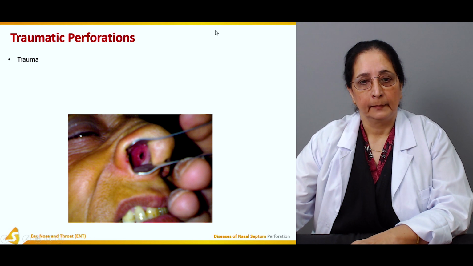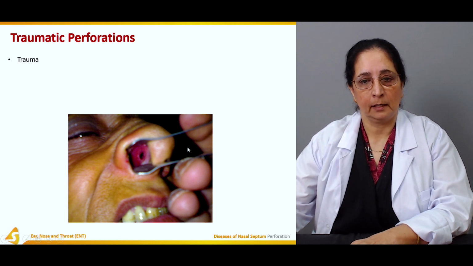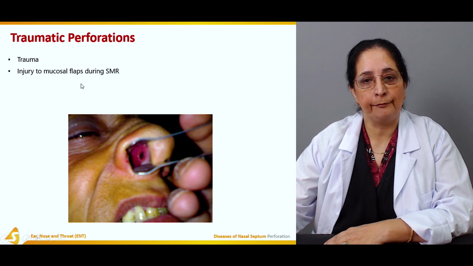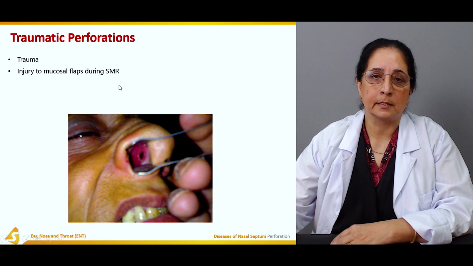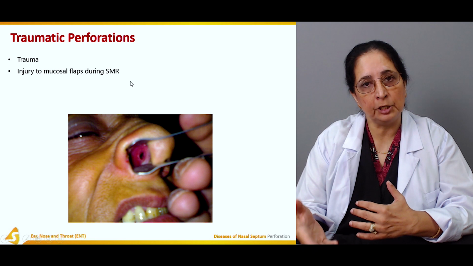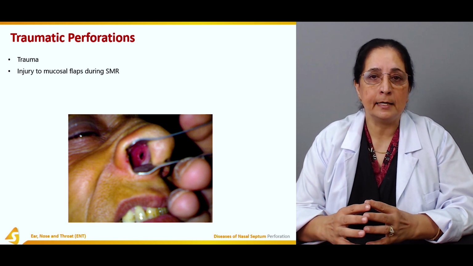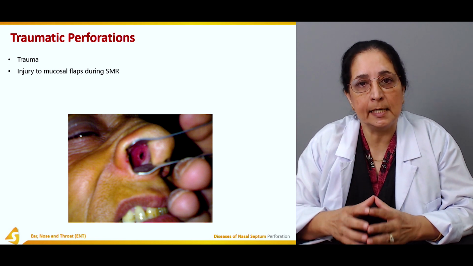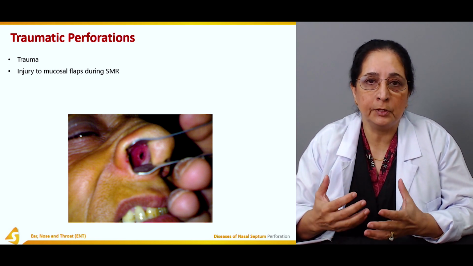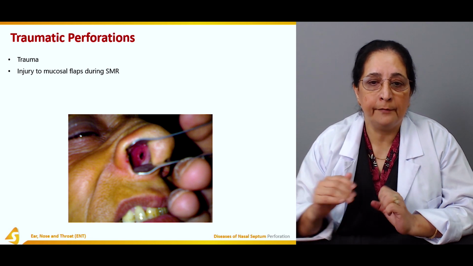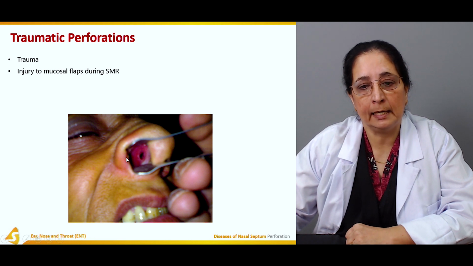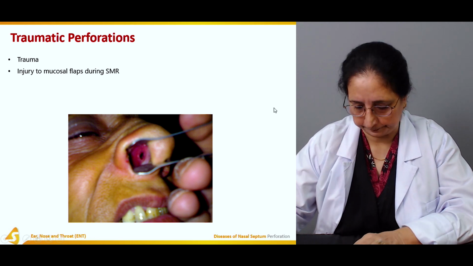Injury to the mucosal flap during SMR, submucosal resection, is a surgical procedure we mentioned in the previous section that is performed to treat DNS, or deflected nasal septum. As a result of this surgical procedure, if there is injury to the mucosal flap, this can lead to perforation also.